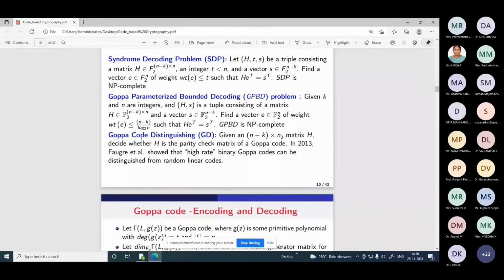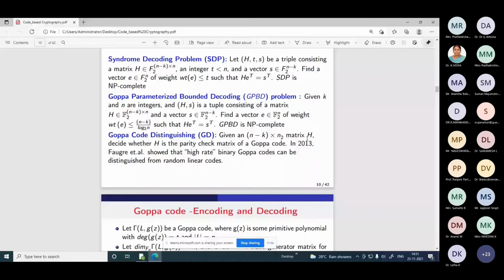The Goppa code distinguishing problem is: when a parity check matrix of a Goppa code is given, can you distinguish it from a random code? It will look like a random code. So can you distinguish a parity check matrix of the Goppa code from a random matrix? That is also difficult.